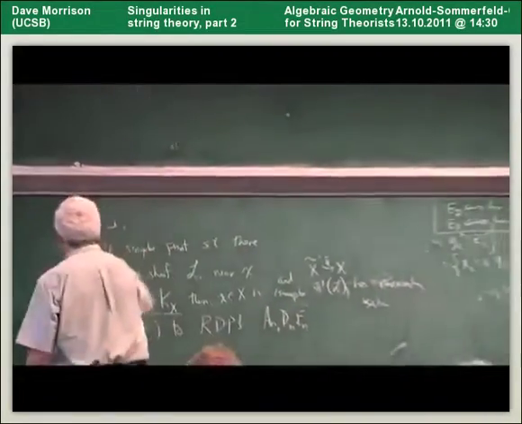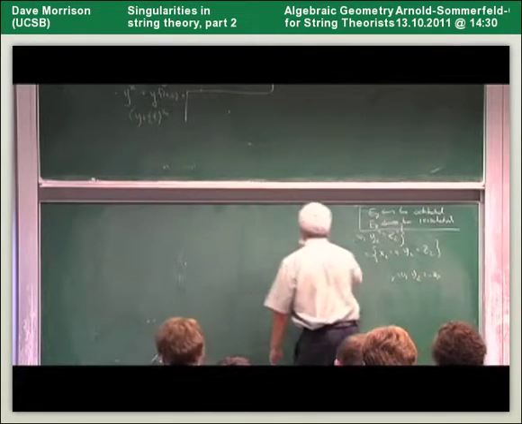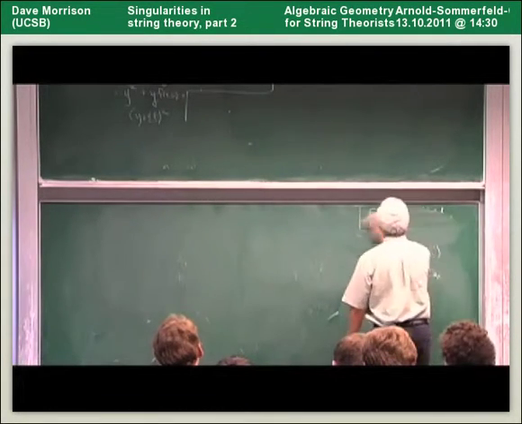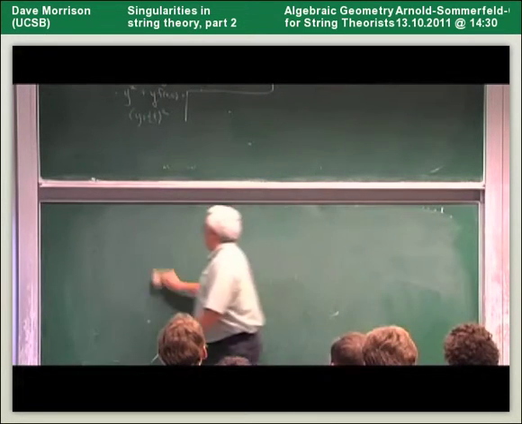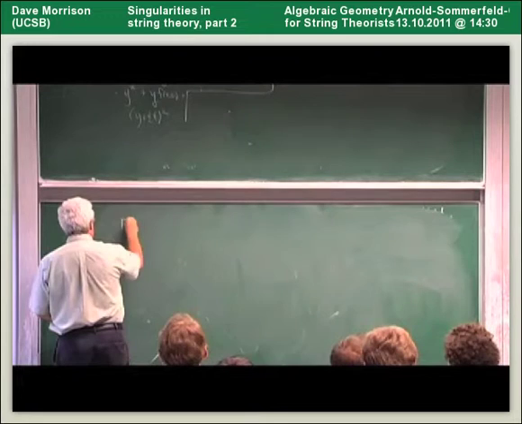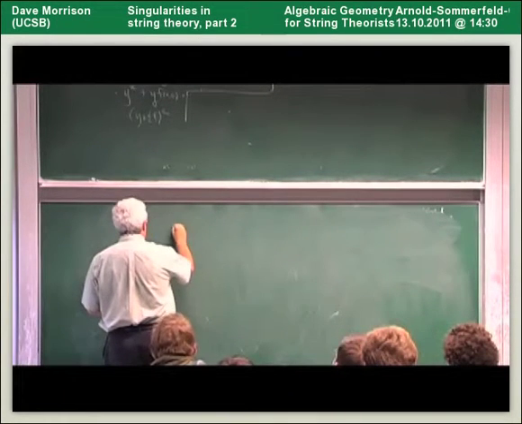Namely, the monodromy is given by the reflections. I guess I missed saying one or two things about the connection with the root system. So this connection with the root system, E6 in this case, is not completely coincidental.